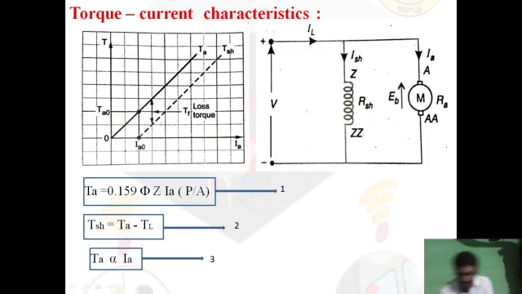Let us observe the parameters of the graph. Ta represents the torque developed at the armature. Tsh represents the torque developed at the shaft. Whatever torque rotates the armature, whatever force rotates the armature, is called armature torque.